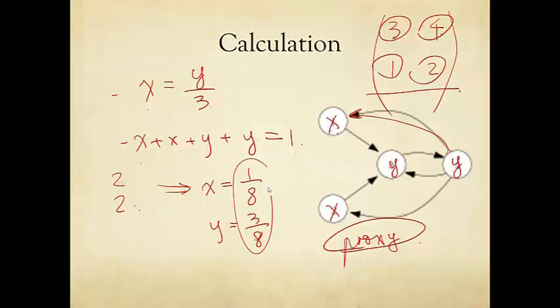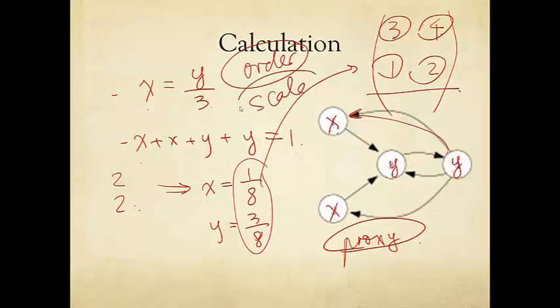But the actual numbers of these importance scores are not displayed in the search result page. All you see is the rank order. You do not see the scale behind the order. So order is displayed. Scale, the numerical scale, is hidden from the user's view.